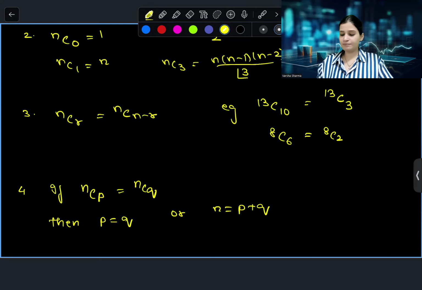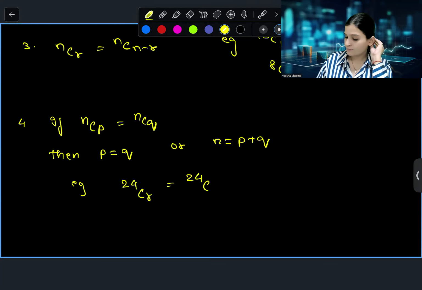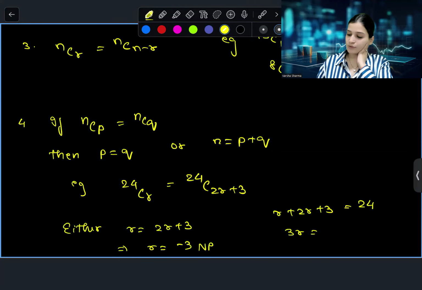From this, we can use the sum. For example, if I say 24CR is the same as 24C(2R plus 3), so either R will be equal to 2R plus 3. R is minus 3, which is not possible. R cannot be negative, it's a whole number. Or if you add them, you should get 24. 3R equals 21, R will be 7.